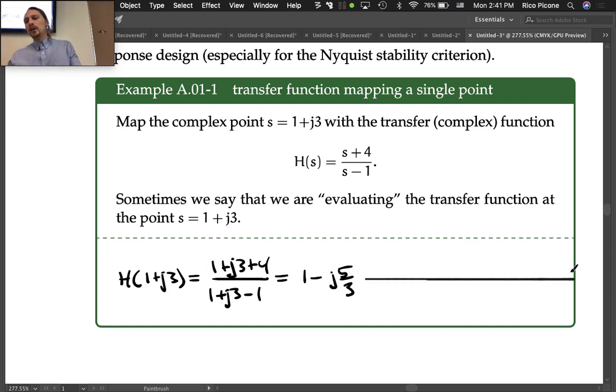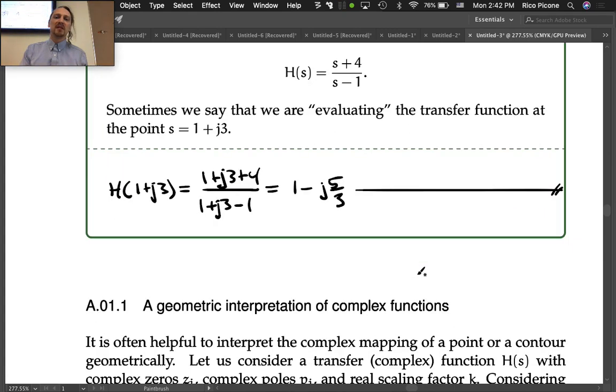We could also use a polar or phasor form of the complex numbers to combine them. That would be fine as well. So that was just a simple mapping of a single point in the complex plane.